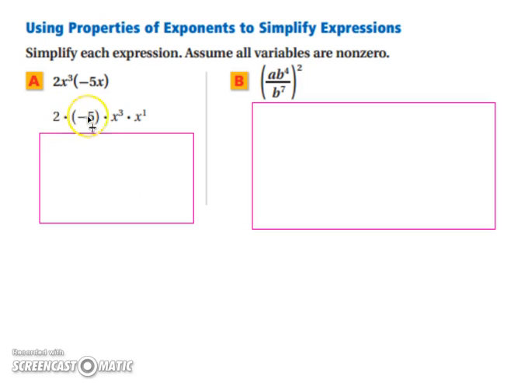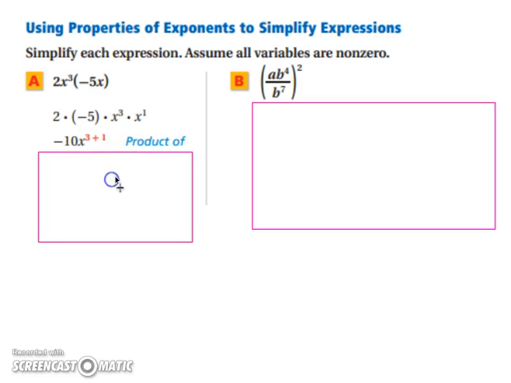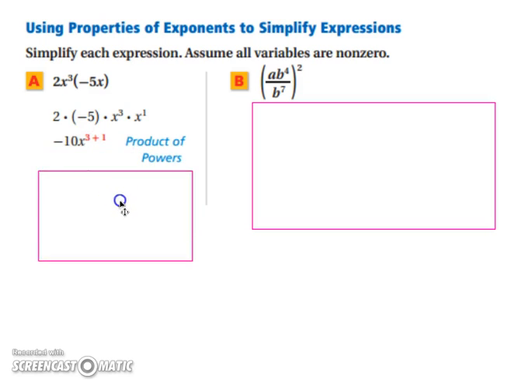We can combine 2 times negative 5 to give us negative 10. And then we have exponents here, and they have the same base. And we're multiplying, so since we're multiplying powers with the same base, we're going to add exponents. So we're left with negative 10x to the fourth.